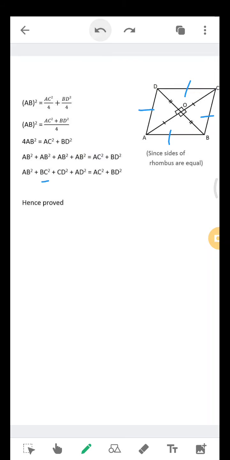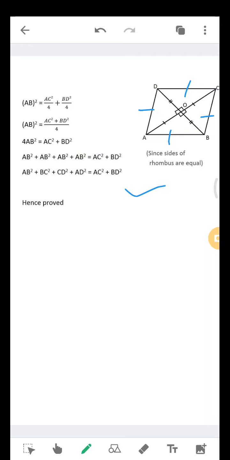Because all sides are equal, I can replace this AB with BC, this AB with CD, this AB with AD, the remaining 3 sides. So finally we have got what we needed, that is AB square plus BC square plus CD square plus AD square is equal to the sum of the squares of its diagonals.